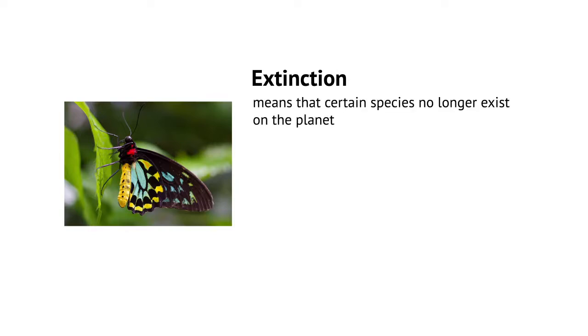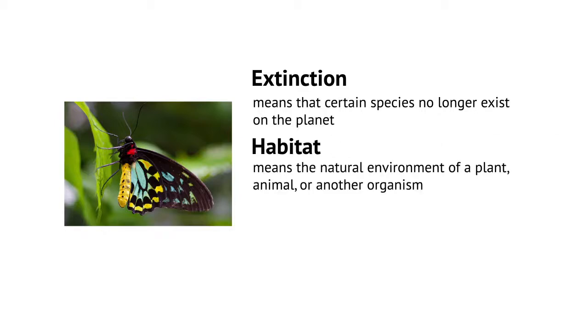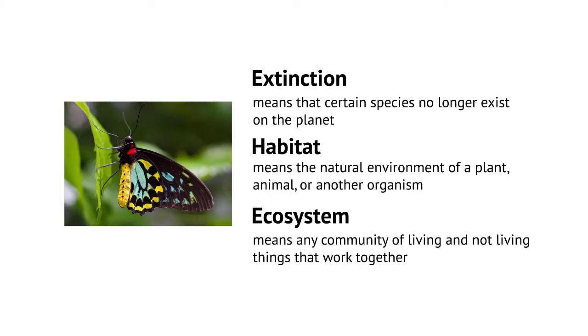The first one is extinction, which means that certain species no longer exist on the planet. The second word is habitat, and means the natural environment of a plant, animal, or another organism. And the third word is ecosystem, and means any community of living and not living things that work together.